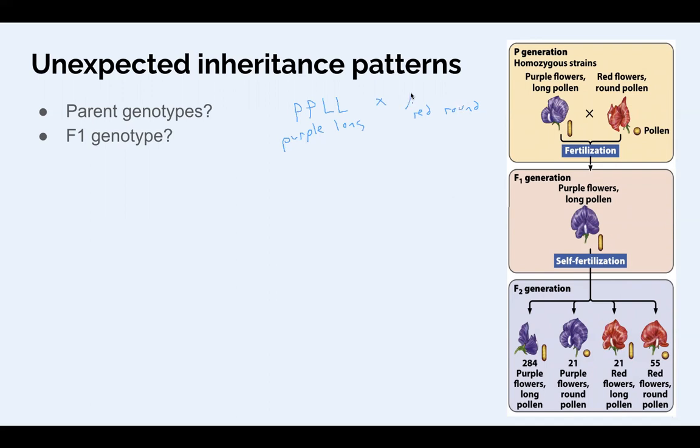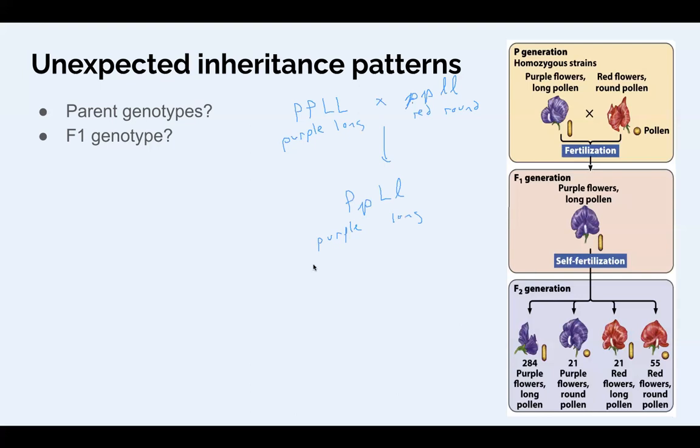And I'm going to do an exaggerated lowercase p here and an exaggerated lowercase l. So those were homozygous. Their offspring, big P, big L, little p, little l, we would expect under complete dominance to be purple and long.